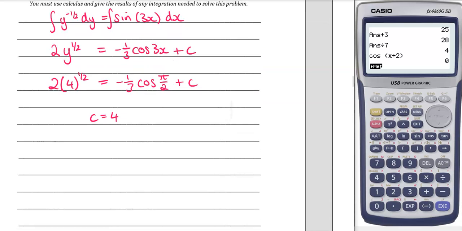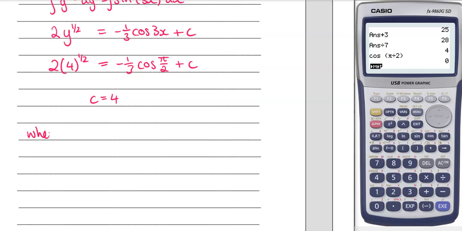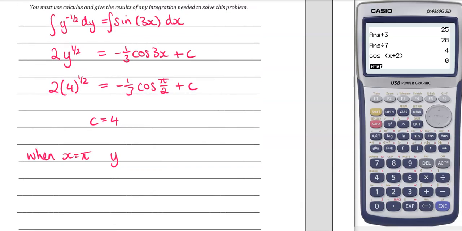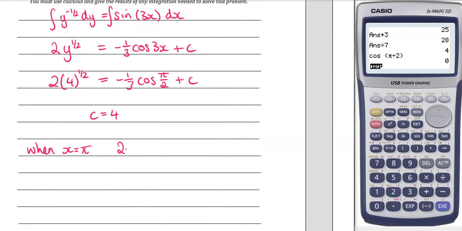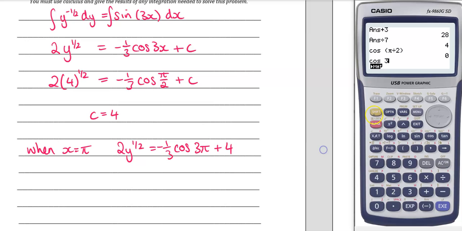And we're doing when x is pi. We've got 2y to the half equals negative 1/3 cos of 3 pi plus 4. Okay, so cos of 3 pi times negative 1/3. Well, just make it into the negative.